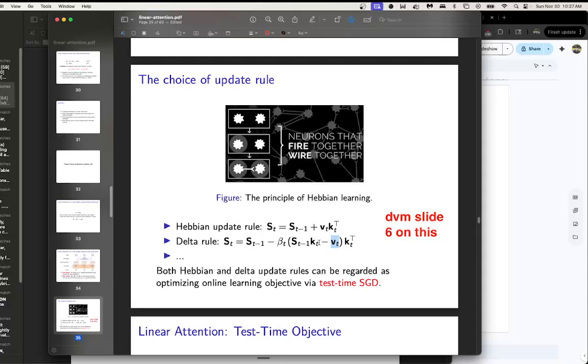So it's taking into account the delta, so to speak, between what we currently get when we query it and what we should get. And then we take into account some decay factor, right?